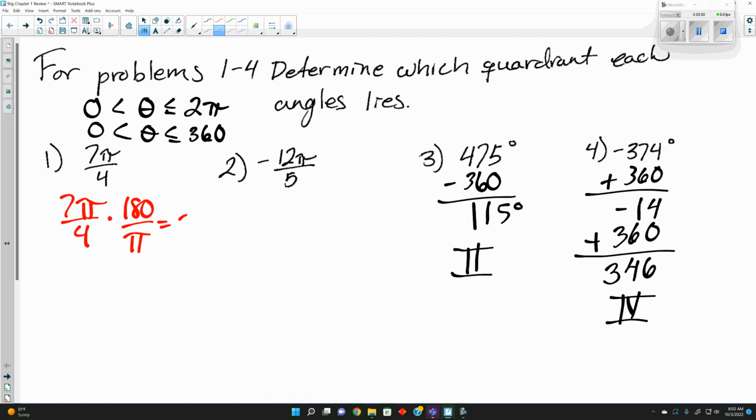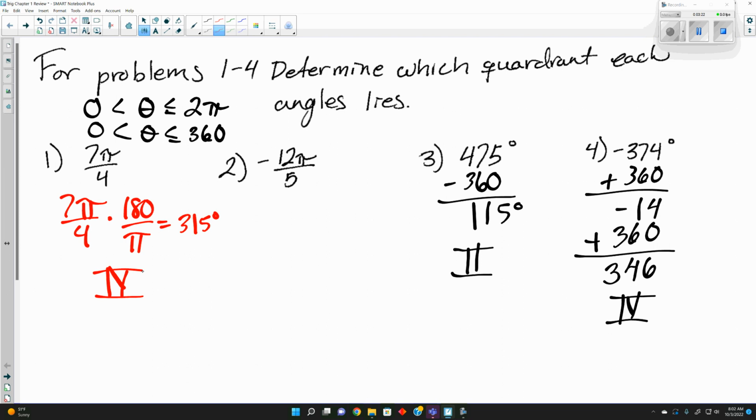It'll tell us that it's 315 degrees, which is in quadrant 4. So we could convert it using radians, because this one here is just on the unit circle already, so we could use that.